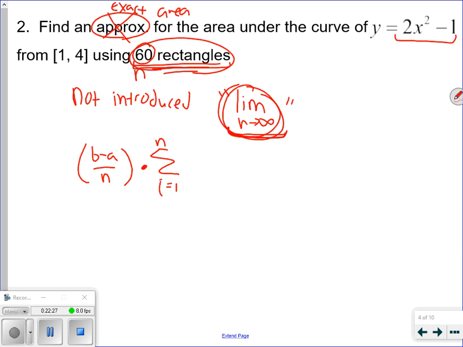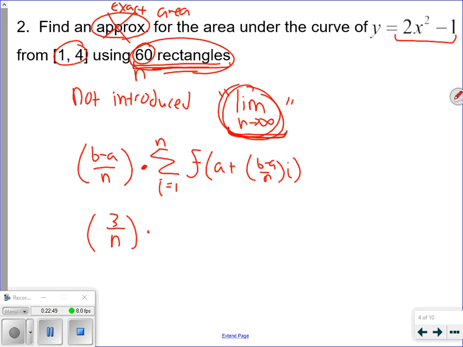So that's 60, but we'll plug that in at the end. And all the heights are going to be f of a plus b minus a over n times i. Okay? So let's plug in everything we know, but n. So b minus a, that's 4 minus 1, so that's 3 over n, multiplied by the summation, i equals 1 to n.